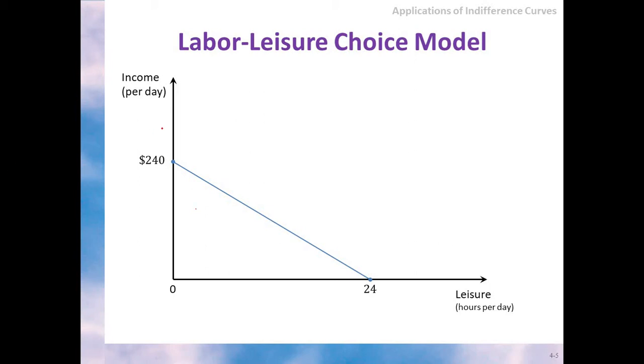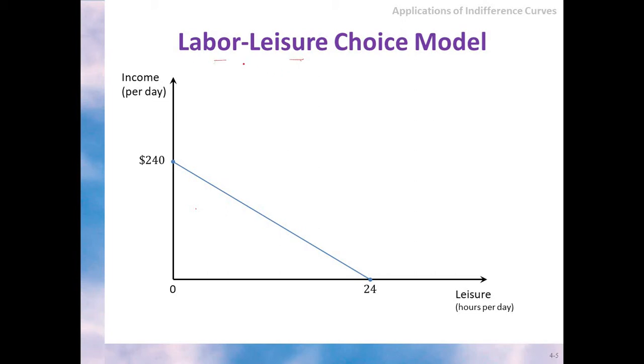As you can see, we want to show graphically how a worker chooses between labor and leisure. Leisure means you are not working. Labor means you work and you get the income.